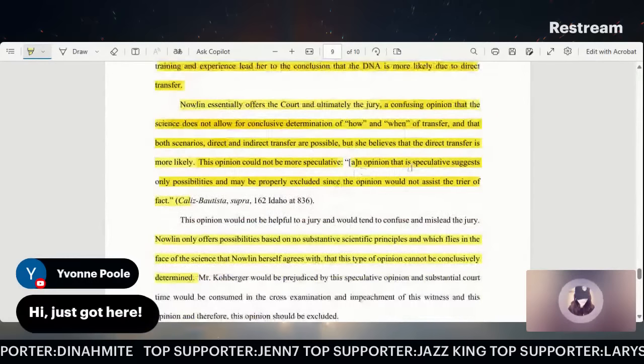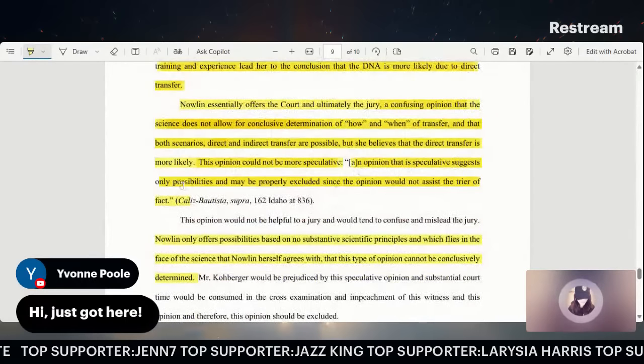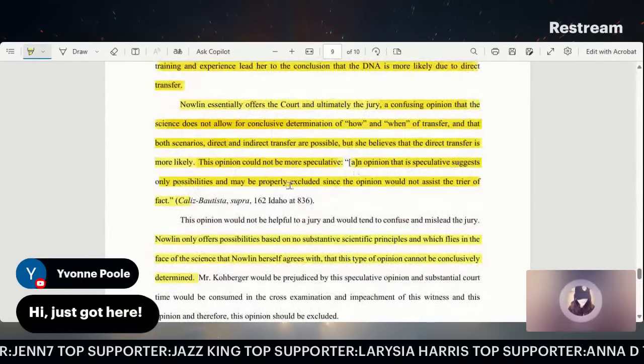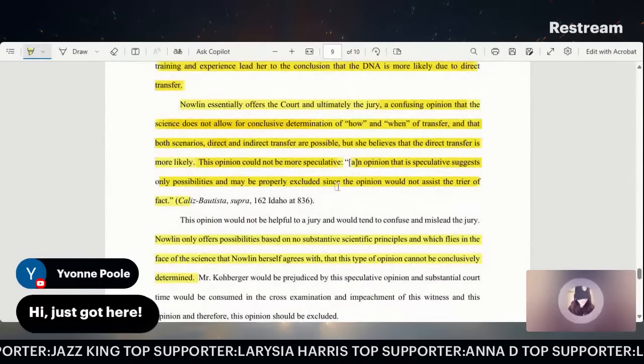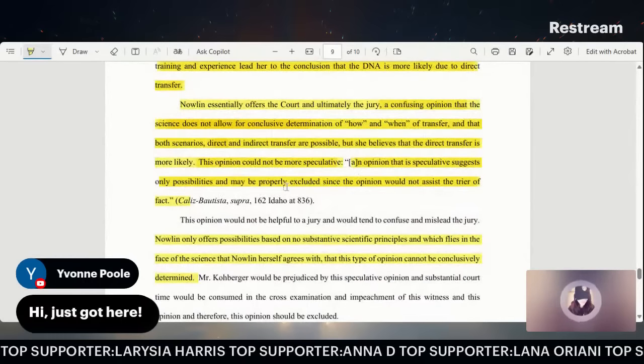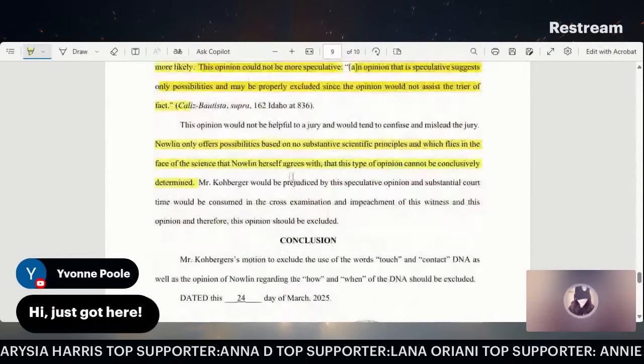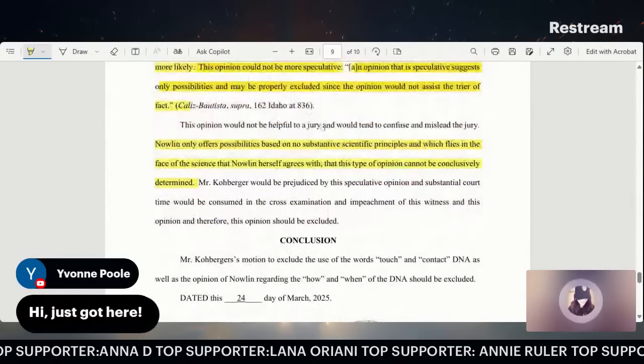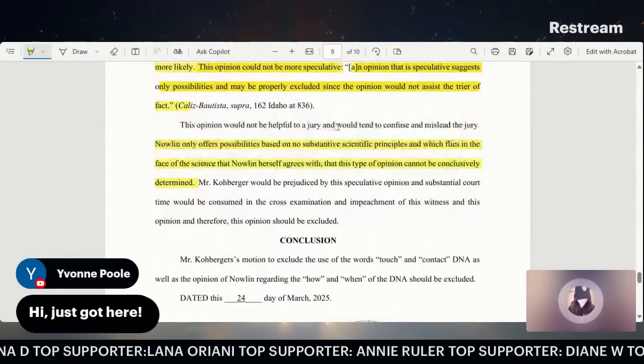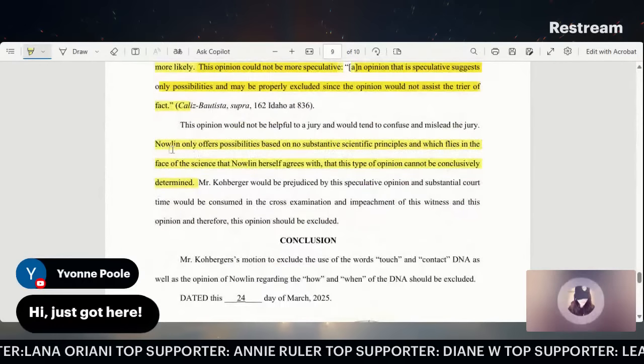Quote, an opinion that is speculative suggests only possibilities and may be properly excluded, since the opinion would not assist the trier of fact. This opinion would not be helpful to a jury and would tend to confuse and mislead the jury.